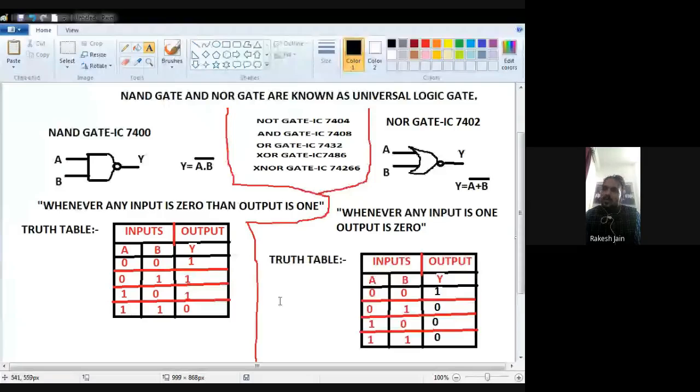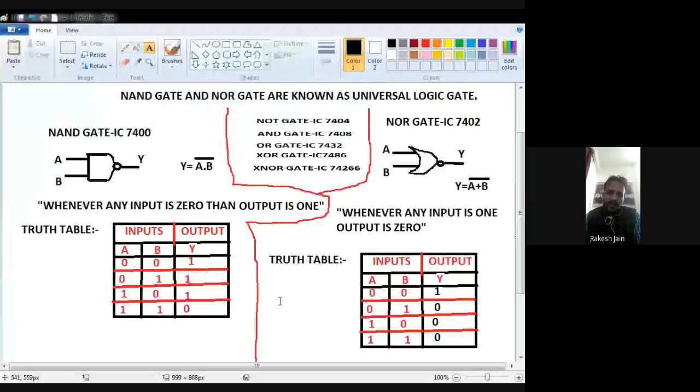For input 0 0, output is 1 because there is no 1 at the input side. 0 1, then 0 because 1 is there. 1 0, again 1 is there, so we type 0. 1 1, then I have to type 0. Okay. So this is the basics of the NOR gate: the symbol, the equation, the IC number, the definition, and the truth table of the NOR gate.